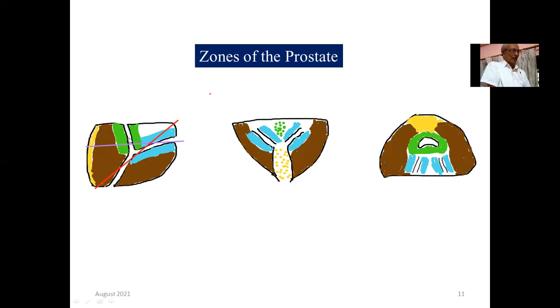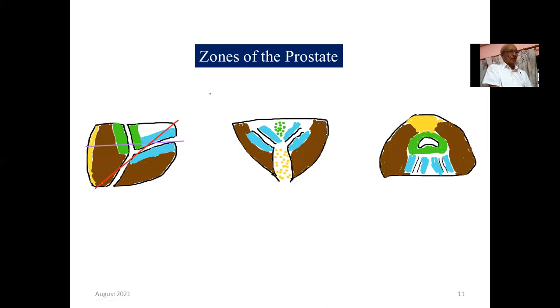The way the urethra and ejaculatory duct are shown here, you don't expect to see them in a single section. Sagittal or coronal or transverse. Is that fine? But they can be dissected out. The zones are based on study of hundreds of prostates, remember that.